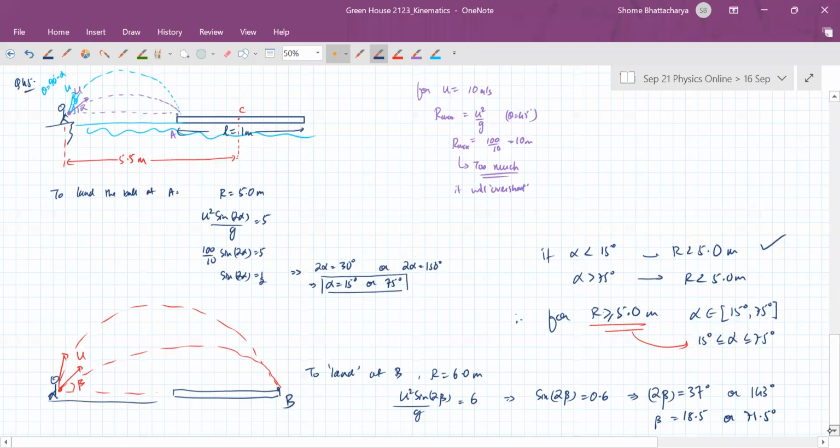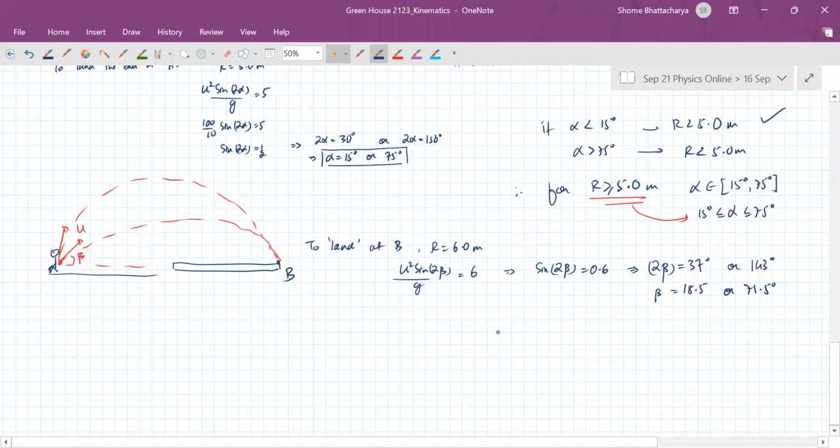So now you see the idea is that if beta is less than 18.5 degrees, then the range is less than or equal to 6 meters.